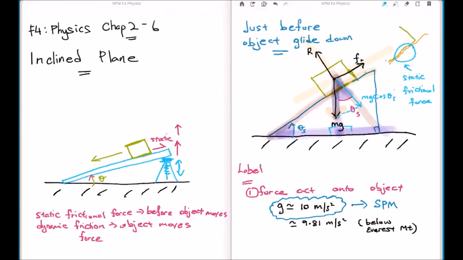If you get this value, then the one in front is also the same as the one over here. You can see this in reference to the x and y axes, horizontal and vertical, now on the inclined plane. That's why you need to drop perpendicular lines from this mg. So here, this value would be equal to mg sine theta.